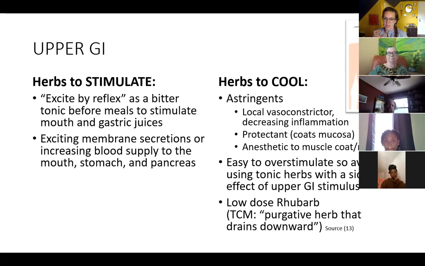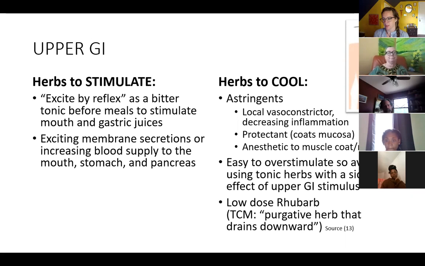So think, if you think there's too much going on up here, we're going to pull that energy from up here in the body downward. While rhubarb might not have a direct effect on the upper GI, it does pull that energy downward through the body. So that's one aspect that we're talking about here.